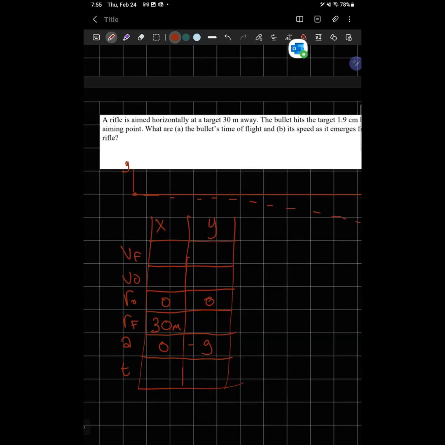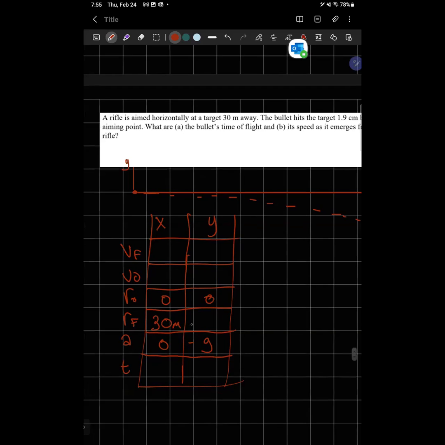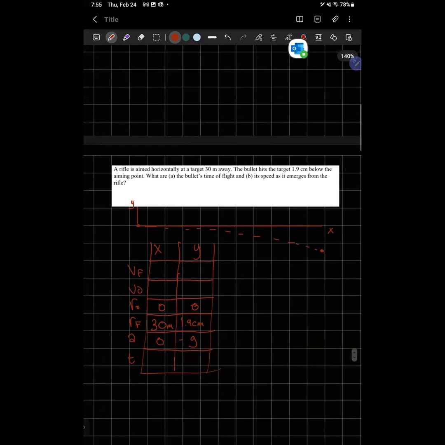Is it that 1.9 centimeters? 1.9 centimeters. That looks like about it. I don't think we know initial velocity, and obviously we don't know time. We're trying to solve for it.